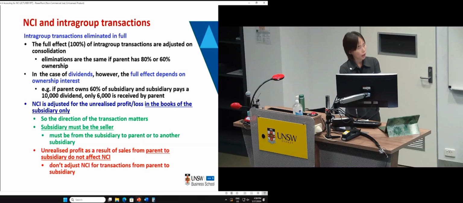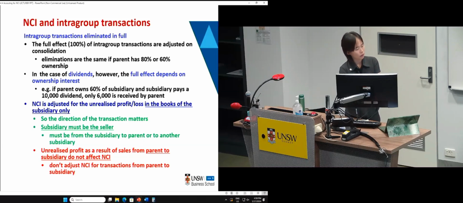These elimination entries will result in further NCI adjustment, because the elimination entries you prepare in the worksheet effectively affect the equity that the subsidiary contributes to the group, and therefore require NCI adjustment.